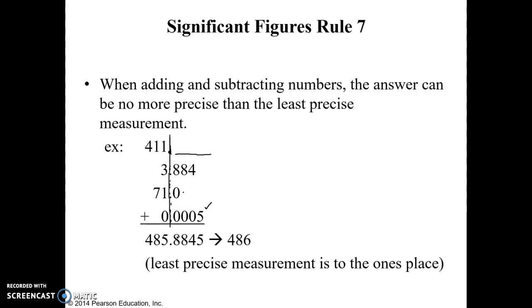Okay, so we add them all up and we get 485.8845, but we want to chop off the significant figures right there. So we want to eliminate all of these. Okay, except this number here is an 8. So we're going to round this 5 up to a 6. So this 485.8845 becomes 486.